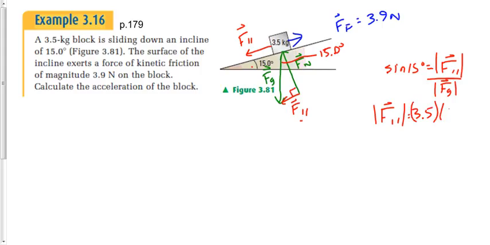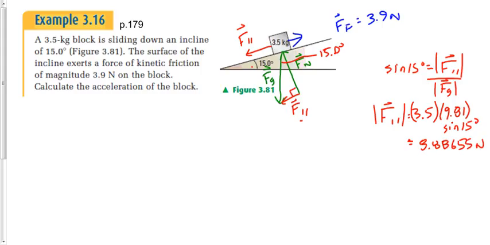That's the force of gravity times sine 15 degrees. Do that math. 3.5 times 9.81 times sine 15. I do that, I get 8.88655 newtons.